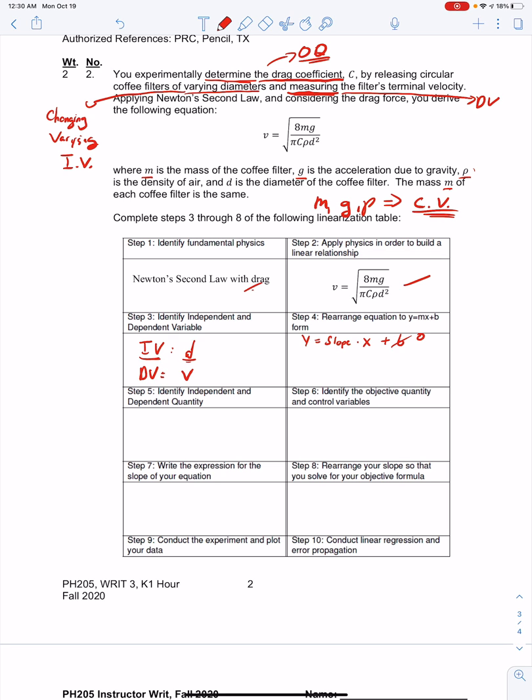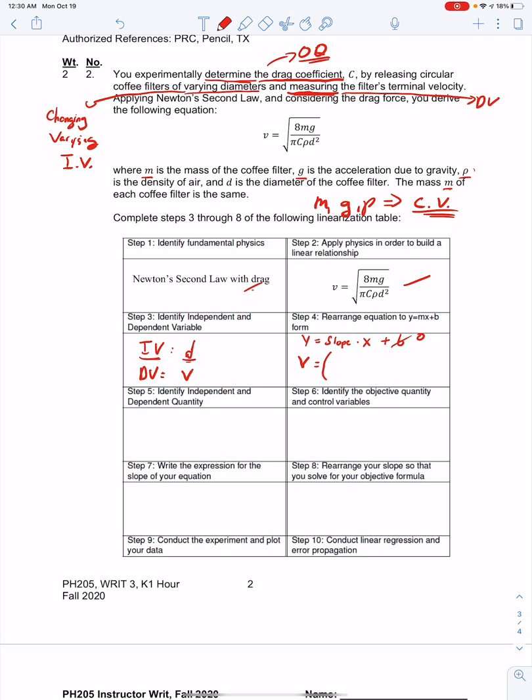But now we can identify that v is y, because we identified that as the dependent variable. In a linear equation, just to make sure that you understand, y is the dependent variable and x is the independent variable. Understanding this, that means the velocity goes in the y. Then we have the slope.